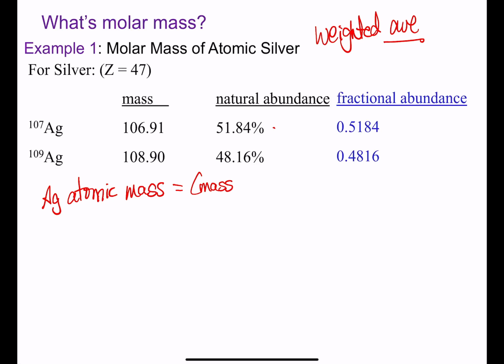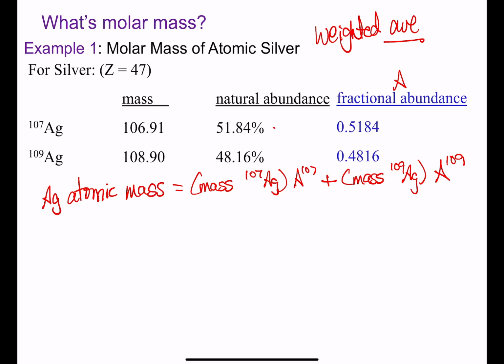Let's call this one the mass of silver 107 times its fractional abundance, which I'll call A107 in this case, plus the mass of silver 109 times the fractional abundance of silver 109.